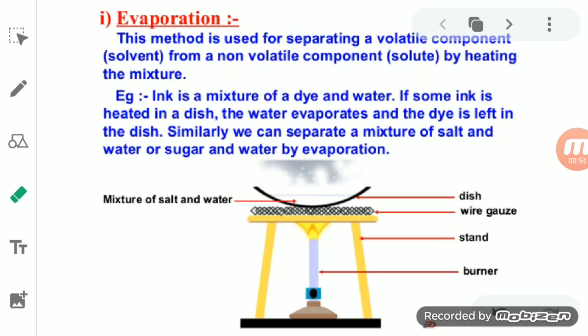We discussed how sand and water, or chalk and water, can be separated by the process of filtration. Later on we studied centrifugation. It is a method in which the suspended particles, the particles which do not settle down, are rotated at a high speed in a centrifuge machine.